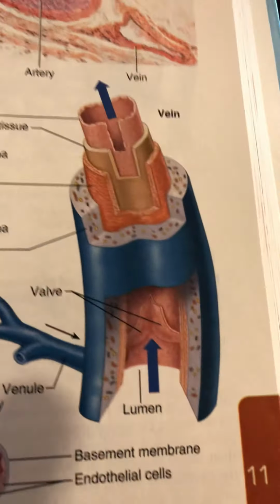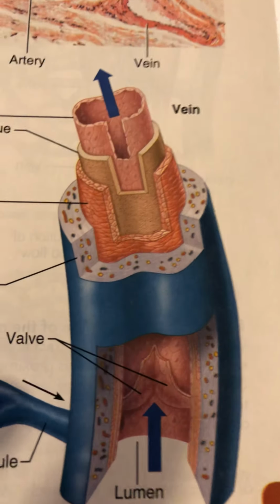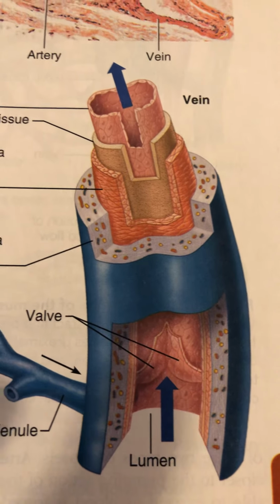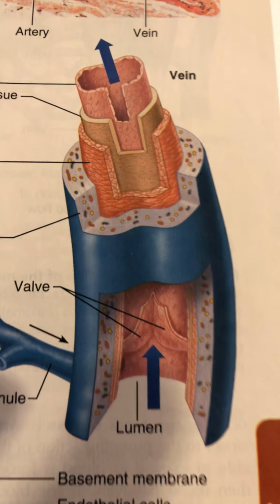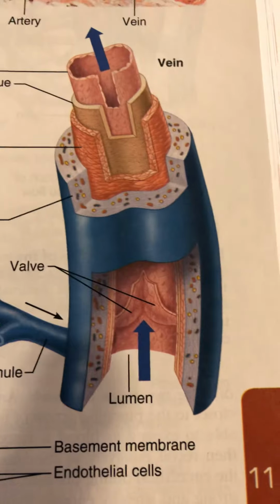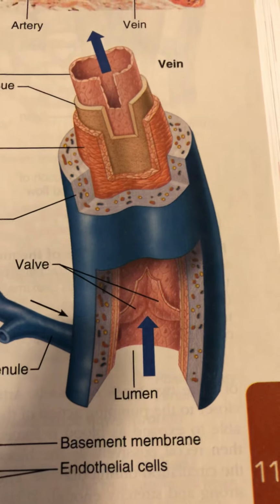When we go to the veins, the veins are usually much, much larger in lumen, so the inner diameter of the veins is normally much larger. A lot of times these are going to be carrying deoxygenated blood, but again, that's not always the case.